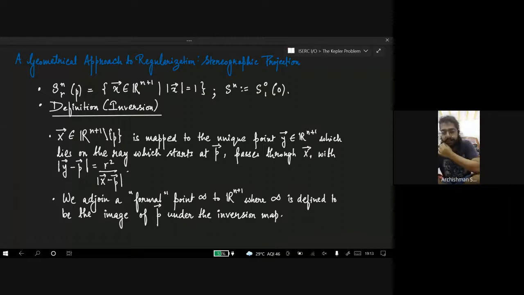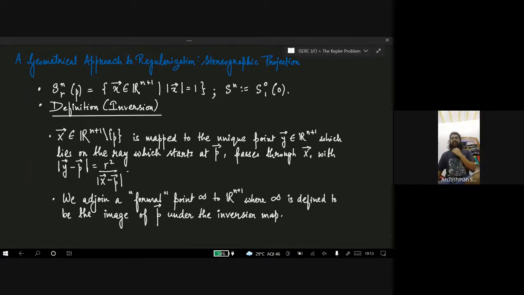I'm quite sure a lot of you will be familiar with the idea of stereographic projection in some form or other. But let me present you an outlook on stereographic projection that I learned from Milnor's amazing paper, and this outlook has a lot to do with the Gratian idea of circle inversion.